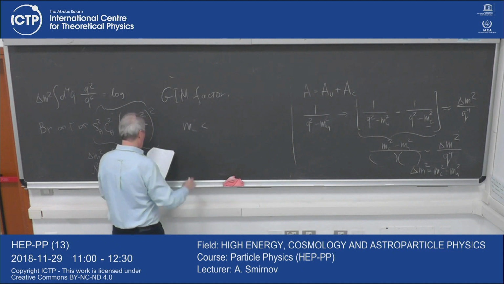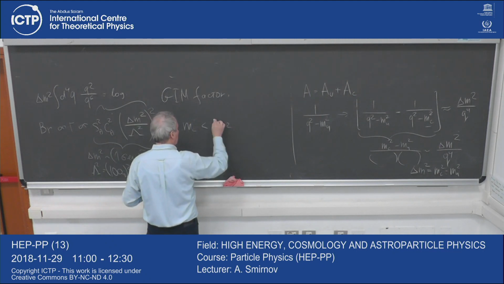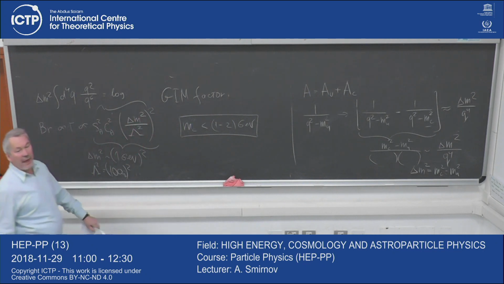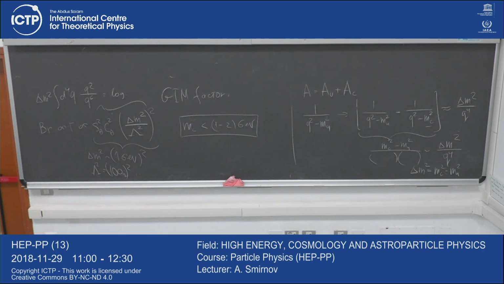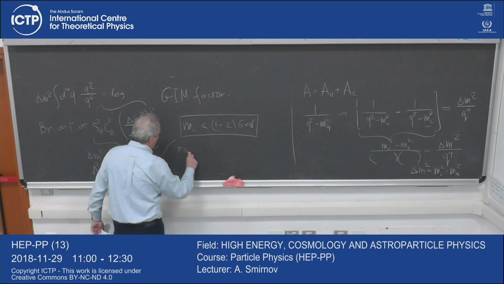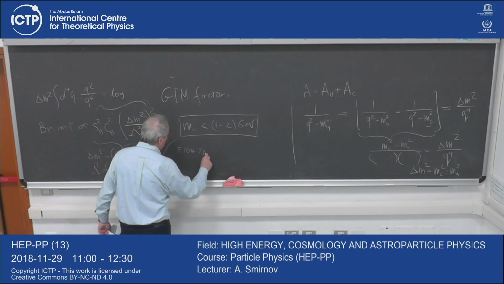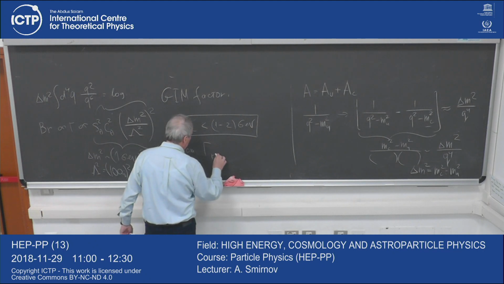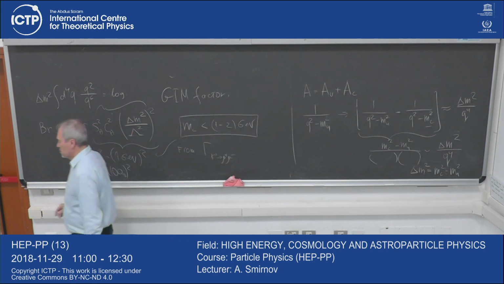The mass of the charm quark should be smaller than 1 to 2 GeV to explain the rate of K0 into mu plus mu minus. So that bound has been obtained from the rate gamma of K0 into mu plus mu minus.